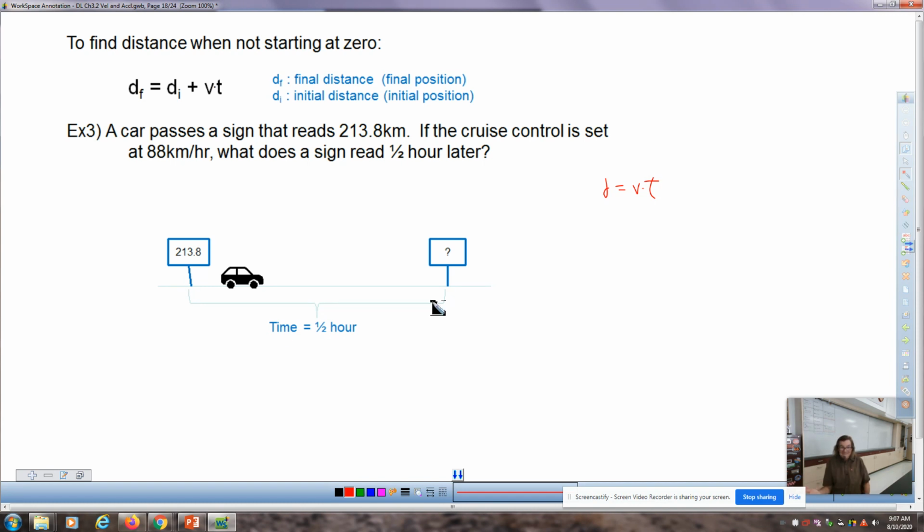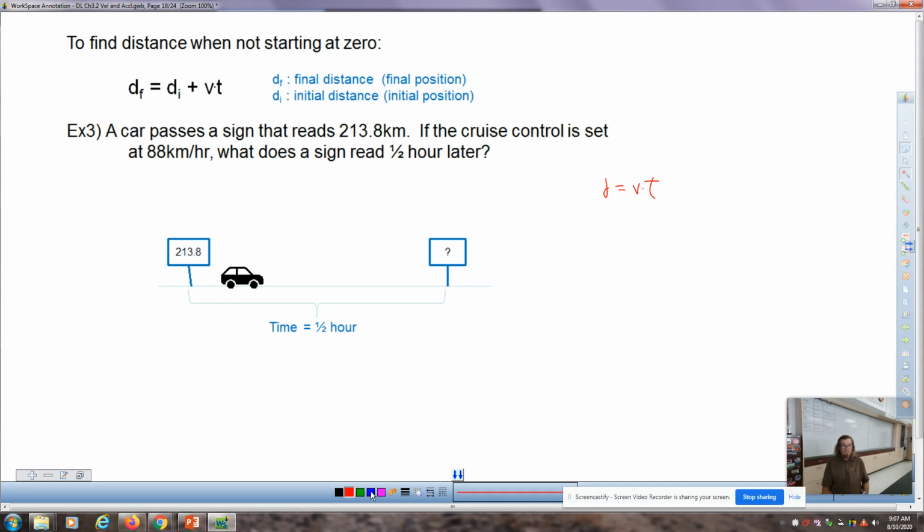And we'll know that distance, but that's not what the sign reads, because the sign has to read that much distance more than 213. So an equation that would solve that would look like what you see here at the very top. D final, what the sign reads, equals D initial, what the initial sign reads, plus how far you've traveled as you go from first sign to second sign.